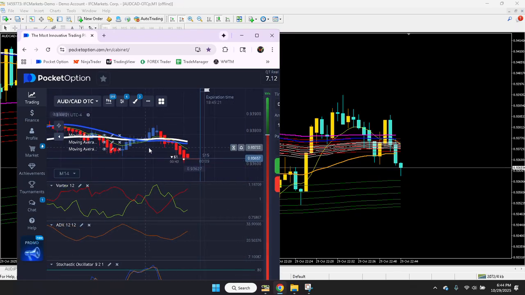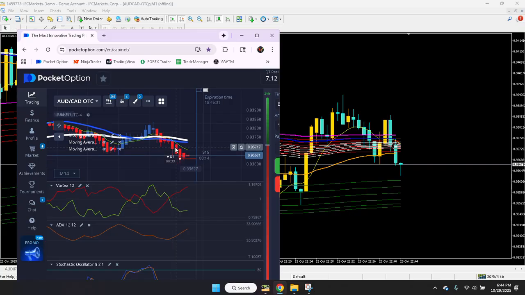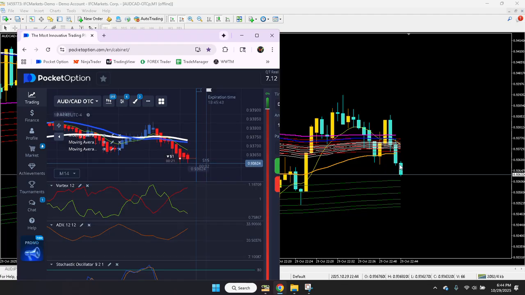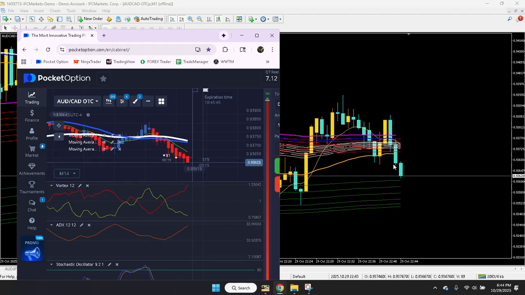And remember, these are 15-second candles. Now, by using this, I actually would have probably got my trade in right up in here. And this is why we wait to get your trade in just once on that last second.